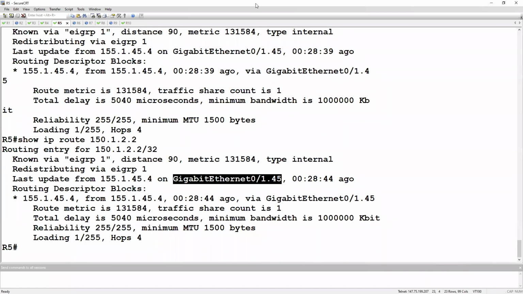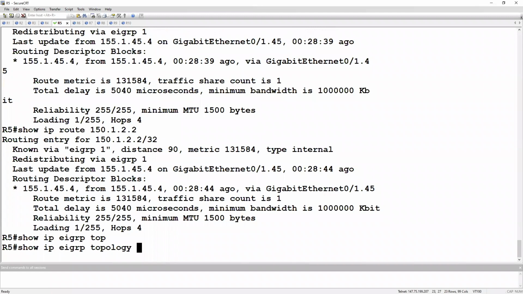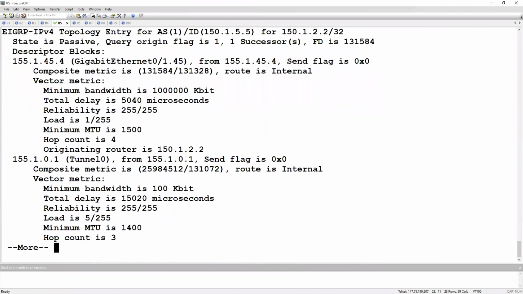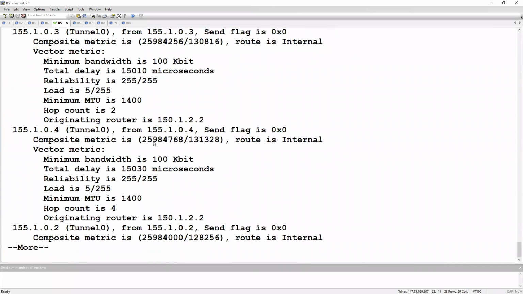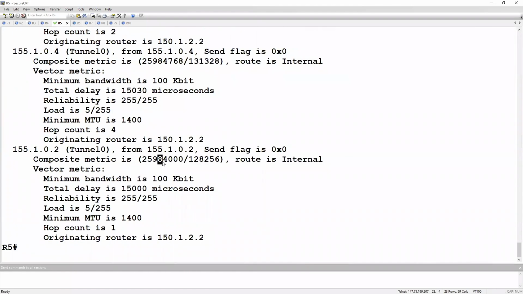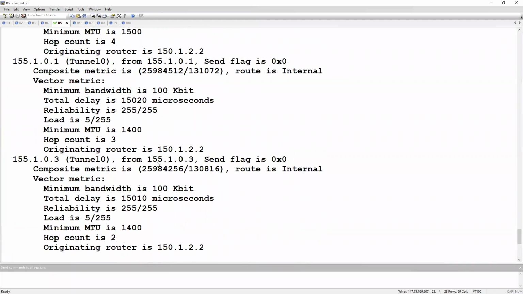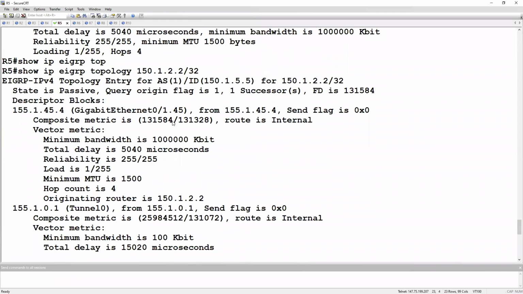Okay, this has to do with the IGP metrics. So if we were to look at the show ip eigrp topology for 150.1.2.2/32, we see that we have the route coming in the tunnel interface with a metric of 25 million. And then we're learning it from router 4 with a metric of 131,000.